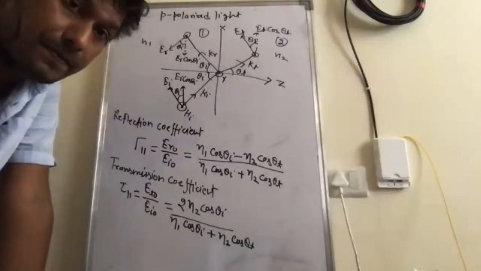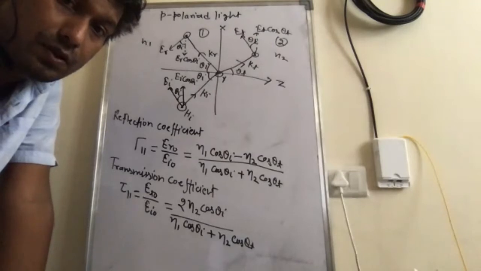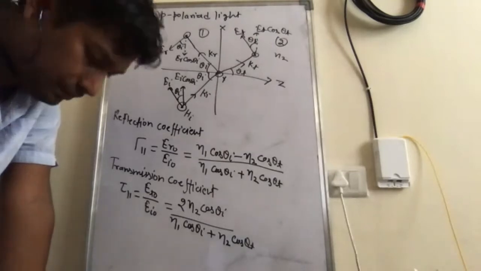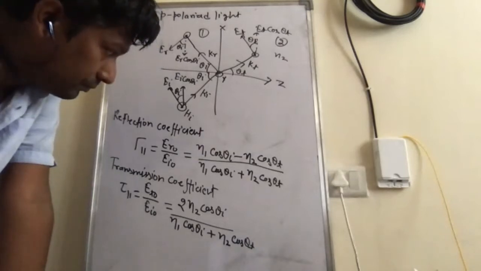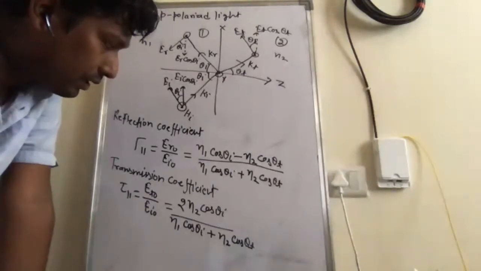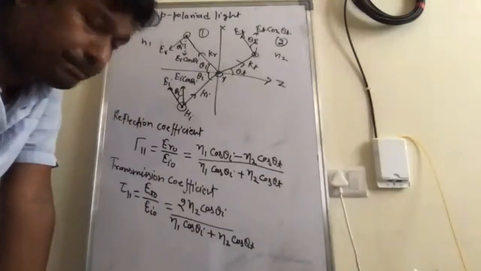Yes, sir. One second, sir. Sir, in the final equation we have n2 in the place of eta 1 and n1 in the place of eta 2, like that. Yeah, that is true, but how will it come?